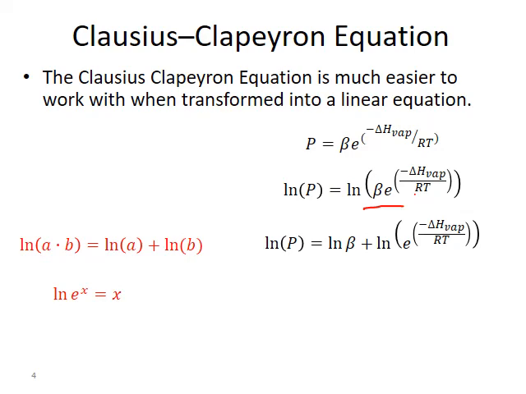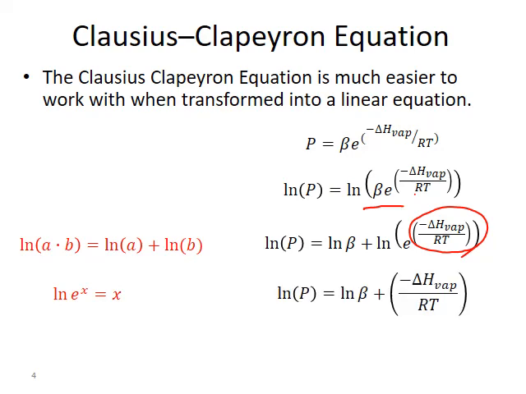In our equation, x is represented by the expression in parentheses. When we apply the natural log to e raised to this expression, it allows us to eliminate the base e and get that expression out of the exponent. Now we have the natural log of pressure equals the natural log of beta plus the negative of enthalpy of vaporization divided by R divided by T.